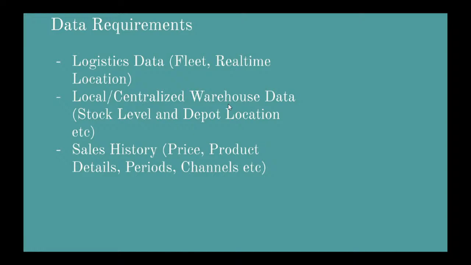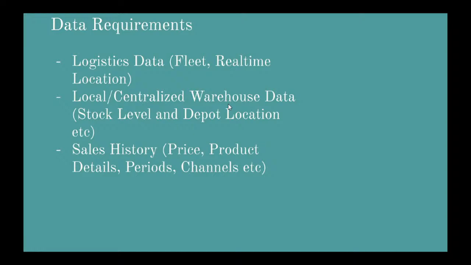The next data requirement that we demanded was local and centralized warehouse data. This data includes the current stock level of each of the individual depots, as well as the central warehouse depot stock level.